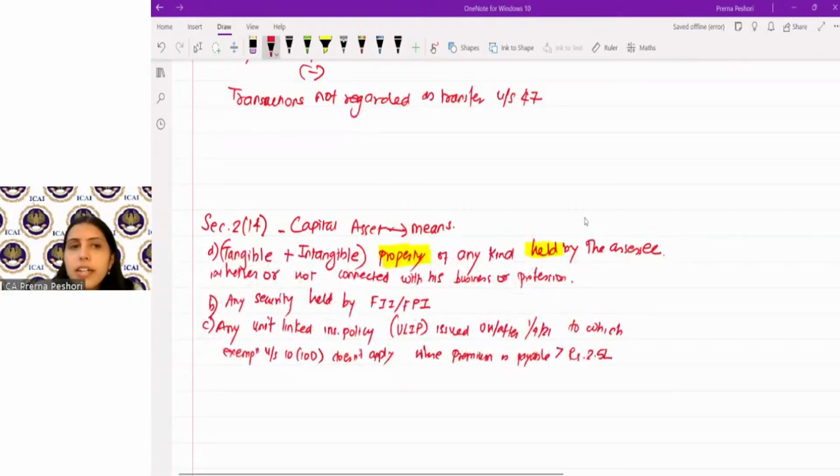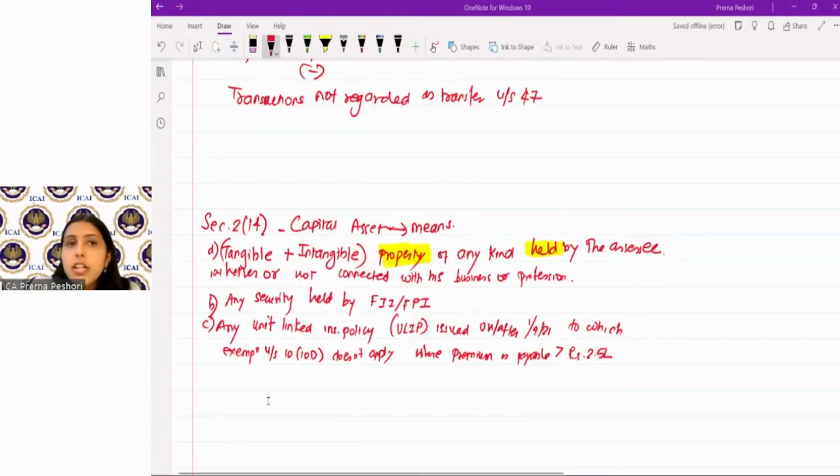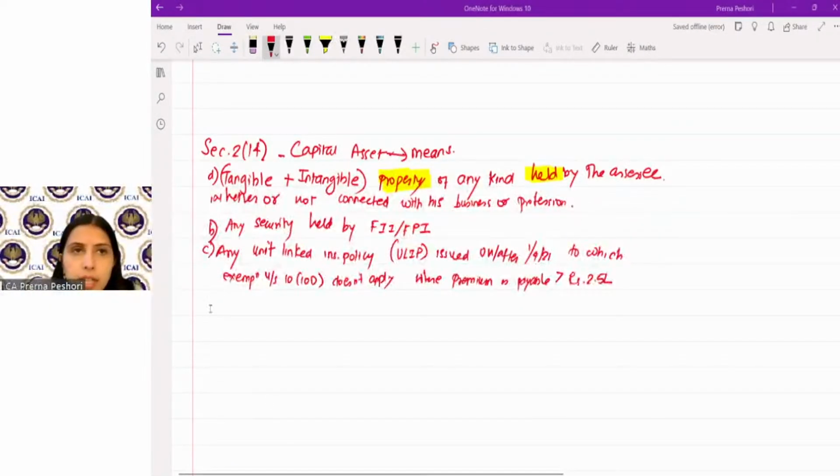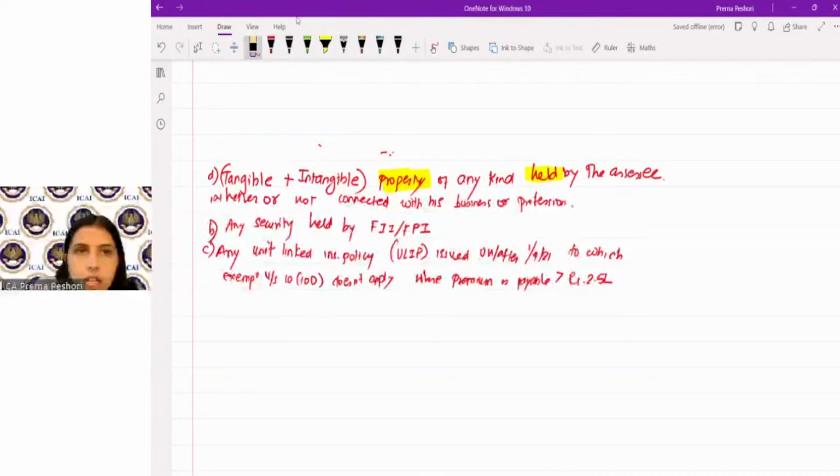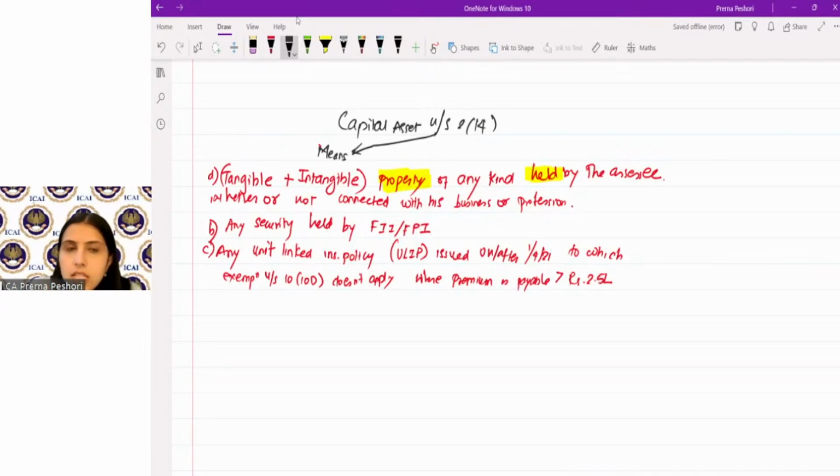Now, under the capital asset definition, I am not yet finished. There are two parts. Let me make it like this. Capital asset under section 2(14) means, and second, it excludes.